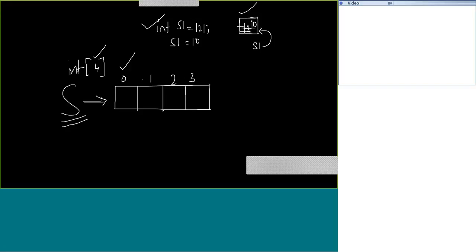The array size is 4, which means I can store 4 different integer numbers in it, each of 4 bytes. 4 bytes, 4 bytes, 4 bytes, 4 bytes comes to 16 bytes. Even if you store data or not, this array will be allocated 16 bytes in the heap, with indexes 0, 1, 2, 3.